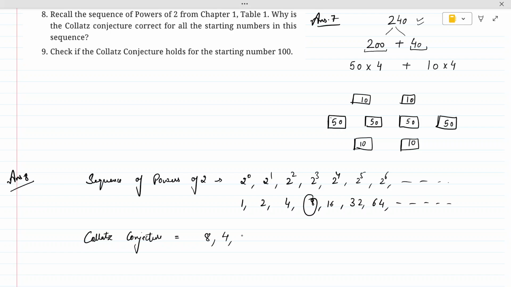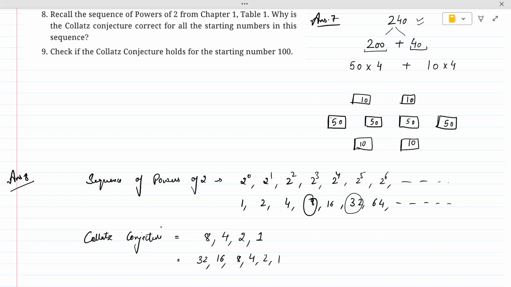This 4 is even, divided by 2. 2 is even, divided by 2, and then 1. So when we took 8, we got 1. Now let us try to take 32. So for 32, 16. 16 is 8 and then again the same series, 4, 2 and 1. So if we take any number here, we reach 1, which is as per the Collatz conjecture.